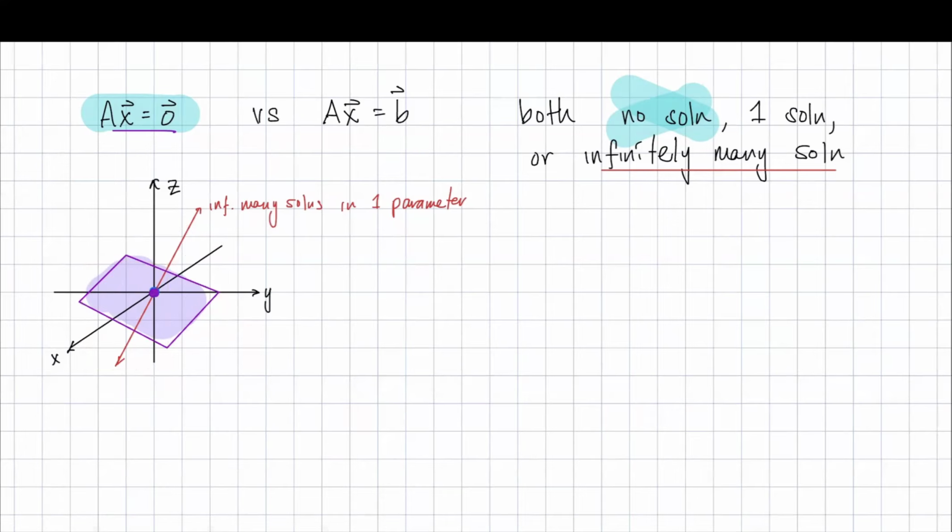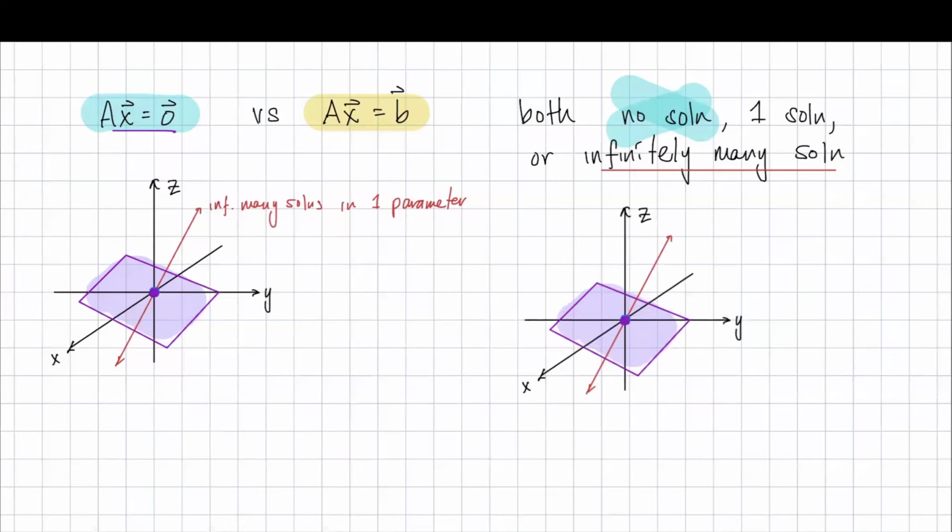And then what you're going to see is, as you move over to the non-homogeneous system for B non-zero, what we're supposed to learn, and the book, again, doesn't do a good job of this, is to describe how the solutions to the homogeneous system are related to the solutions to the non-homogeneous system.